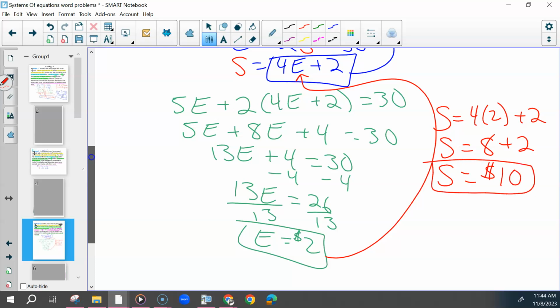Do we have any questions on how we set those up or solve them? We are not going to do example 4, but if you look at it, it should look very familiar from something we've already talked about.